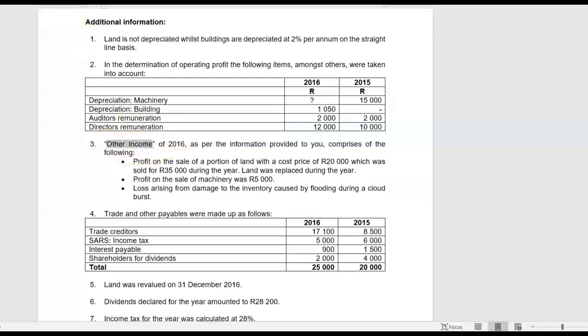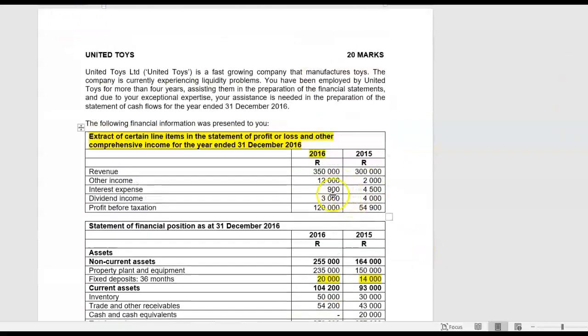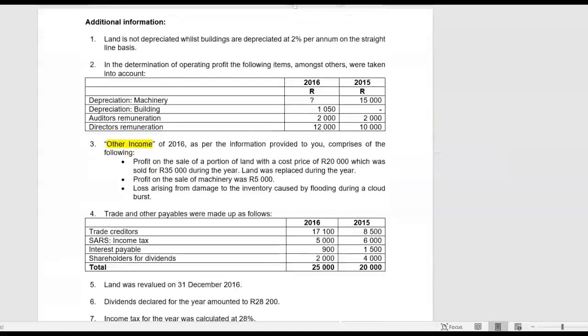Yes, other income. There's a line item, other income, as per the information provided to you, which was that 12,000 rand there. Let's just write it here. Total there was 12,000 rand other income.